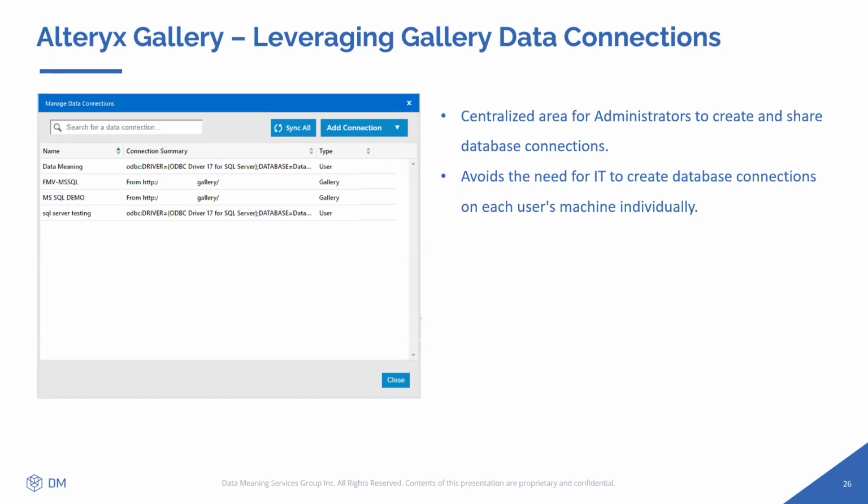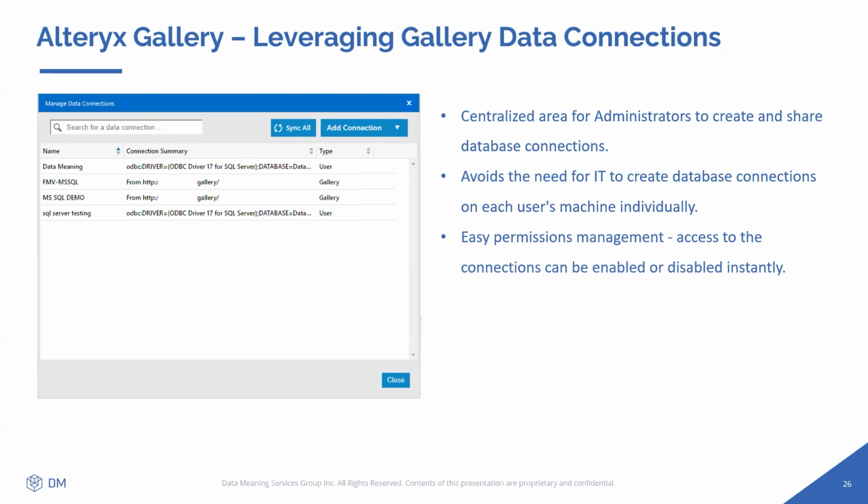And for connections, sometimes, not always, you need to configure the ODBC connection there. And for that, you also need to be an admin, right? And with gallery data connections, there are ways for you to manage that lack of permission, and you don't need to create that anymore.